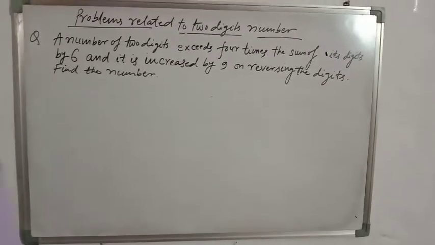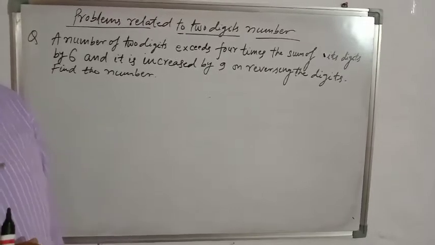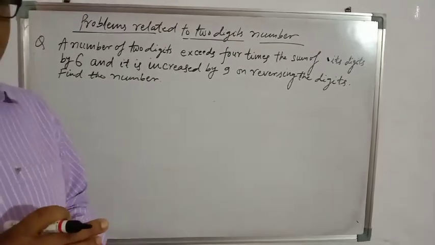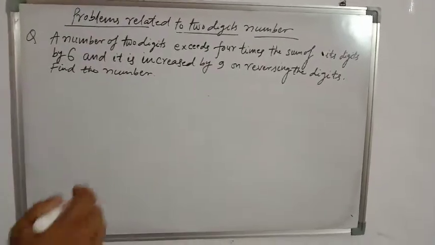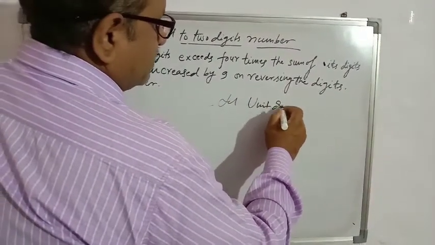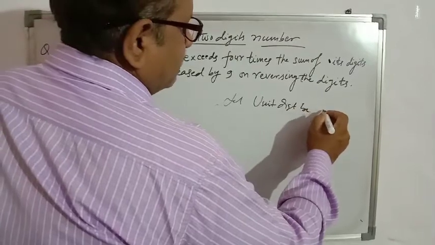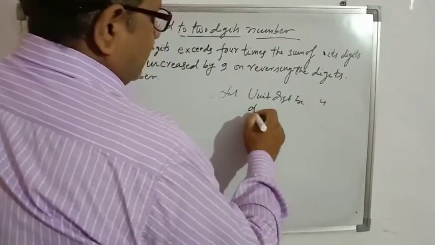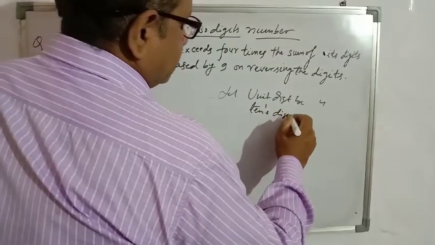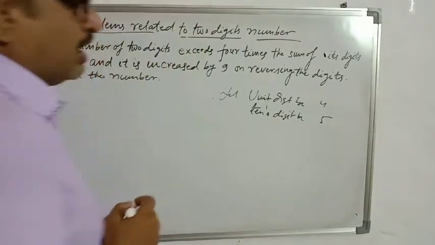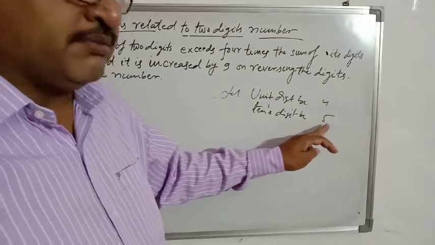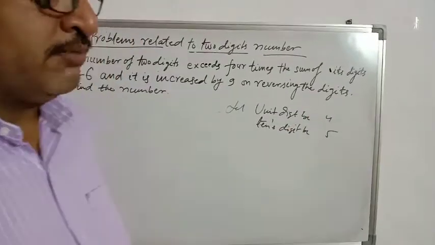So we know that in a two-digit number there are two types of digits, unit digit and tens digit. If the unit digit and tens digit are known, how can we make the two-digit number?